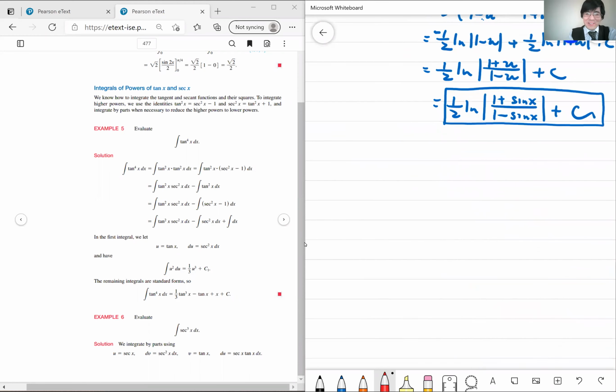Yeah, make sure you can solve it in one way. And that's enough. Okay. Now, example 6 comes after those two.